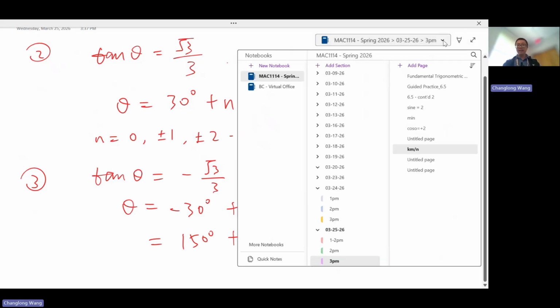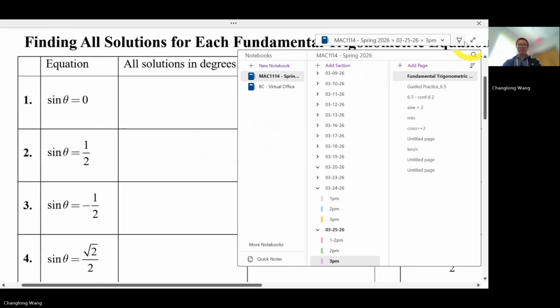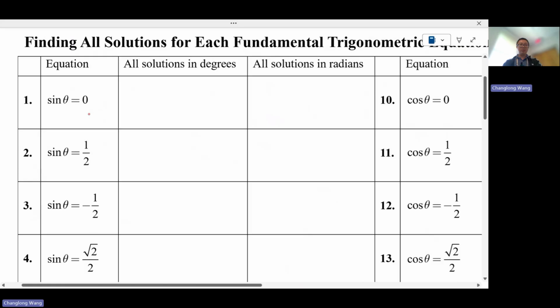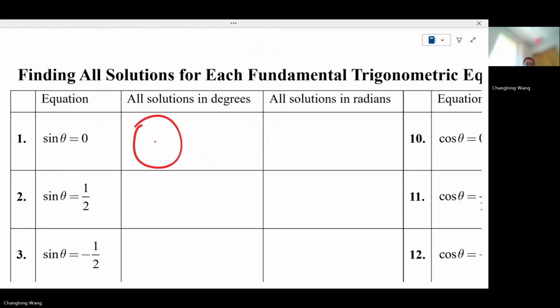But yeah, let's think about number 1. All right, so let's draw the unit circle. So where should the point P be? Max, you want to let us know?